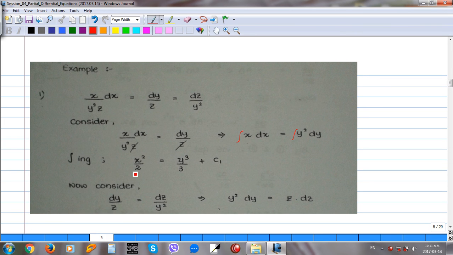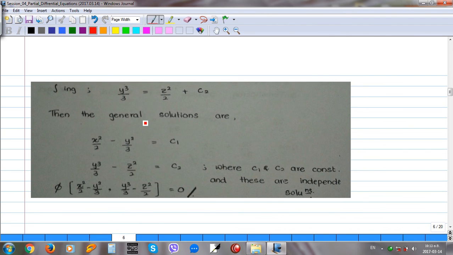So now you can consider these two: dy over z equals dz over y square. Then we can take y square dy equals z times dz, and again we can integrate. Then it comes y cube over 3 equals z square over 2 plus c2, where c2 is an arbitrary constant.